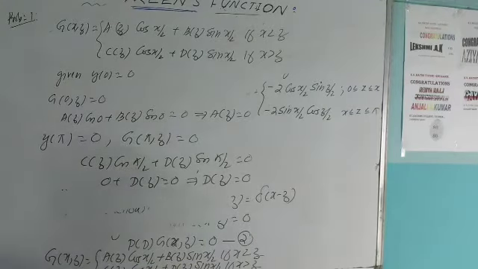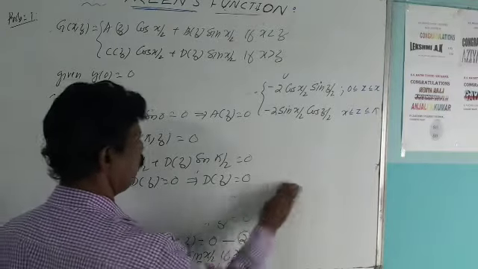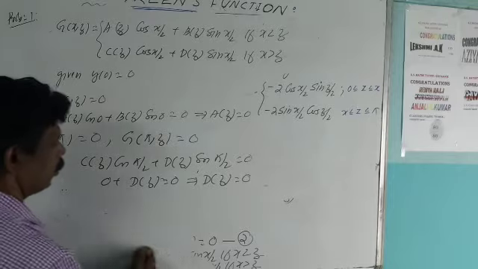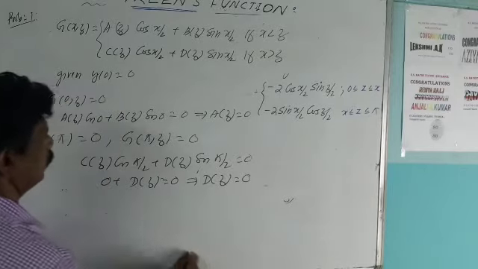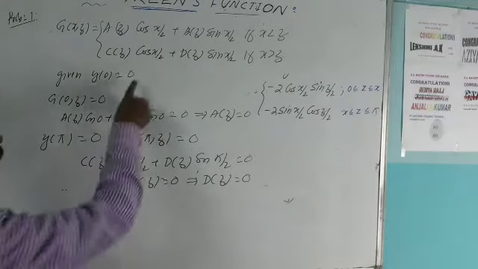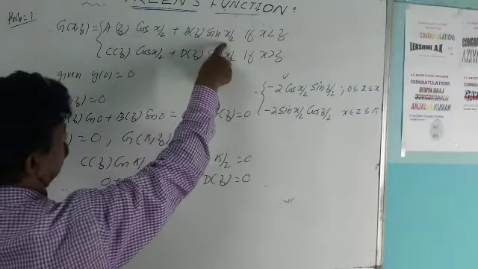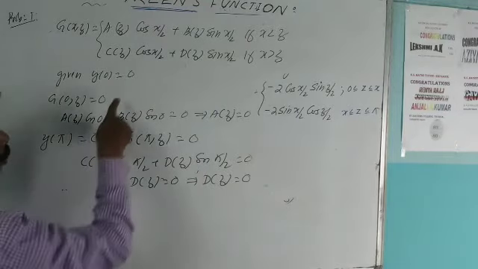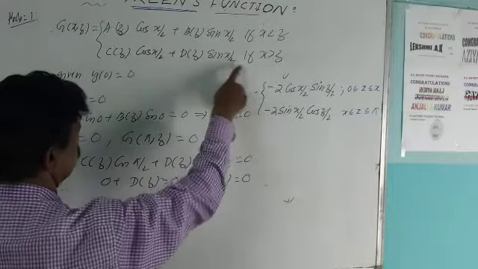First we have to apply the first boundary condition in x < z, and the second boundary condition we have to apply in x > z. The first boundary condition y(0) equals 0 we apply in x < z, and the second boundary condition y(pi) equals 0 we apply in x > z.